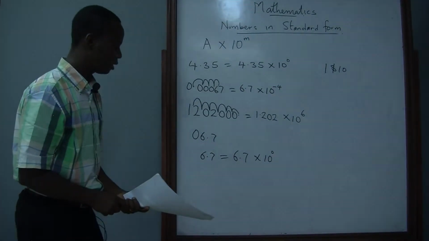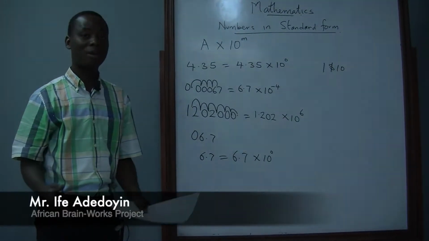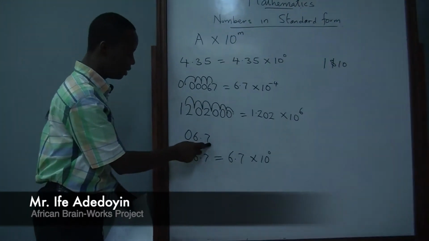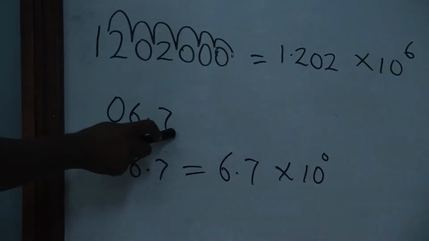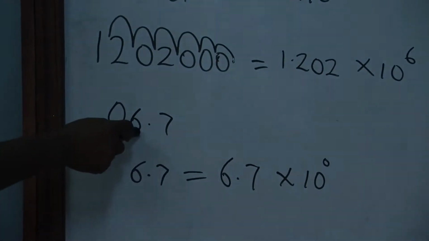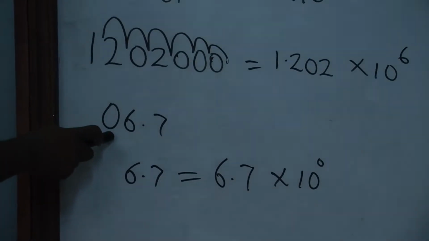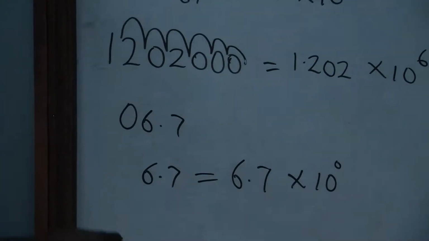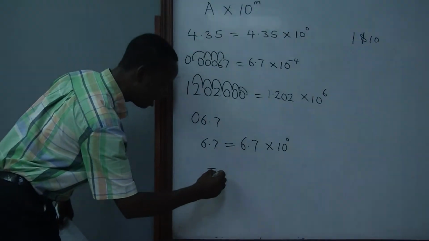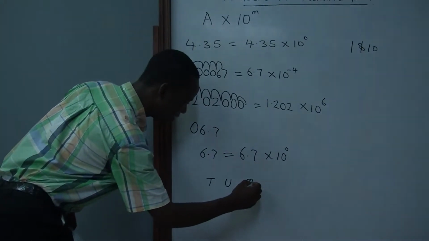If you look at it carefully, what will determine the number we are dealing with is their place value. The place value that we are having in this number, this is tenths. This is units. So what we're having here is 6 units, and what we're having here is tenth. If I'm going to write it for you like we used to do in primary school, it's going to be T, U, then we have the tenths here.